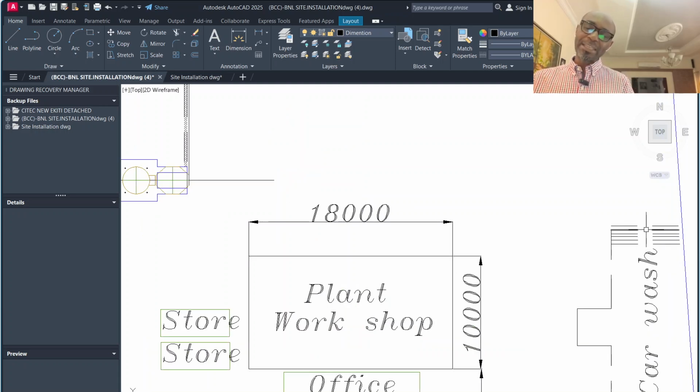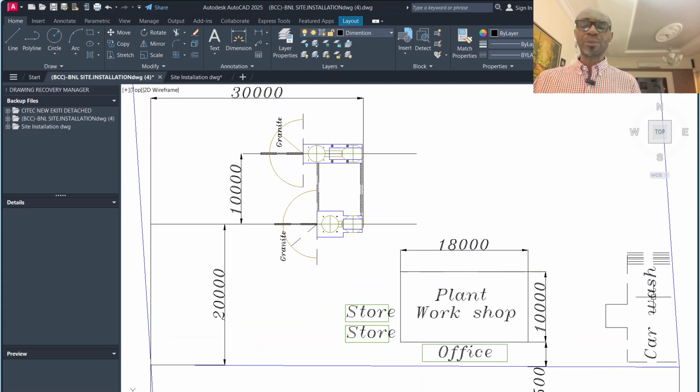And as indicated here, you can see there's a ramp, telling you that it is a washing area where the water needs to be retained, then channeled to a drain where the water goes. So the car drives into the ramp, like a pool. After you finish washing, it goes out.